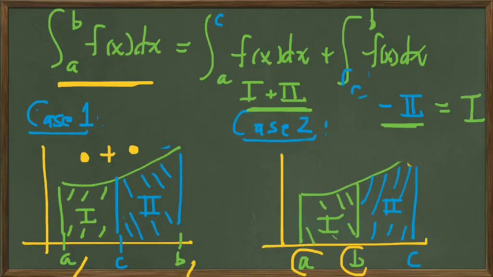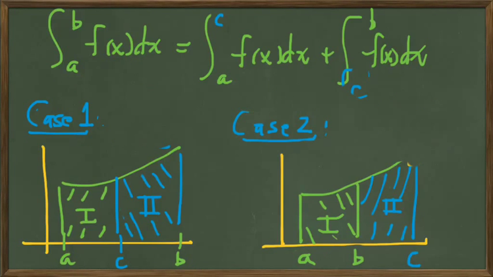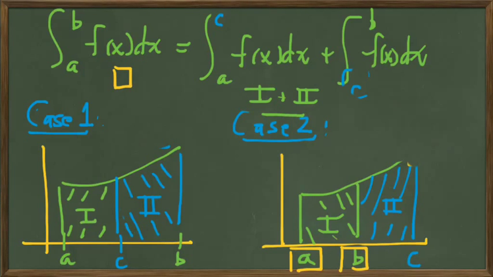Whereas in case 2, the left side is from here to here, so let's tag the left side with a box, and the right side is 1 plus 2 plus the negative of 2, which equals region 1. So that concludes this video.